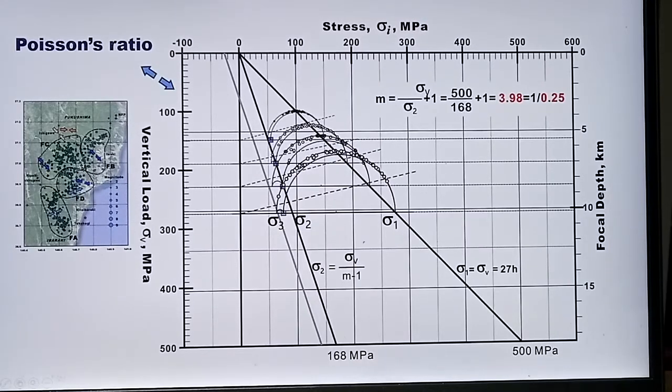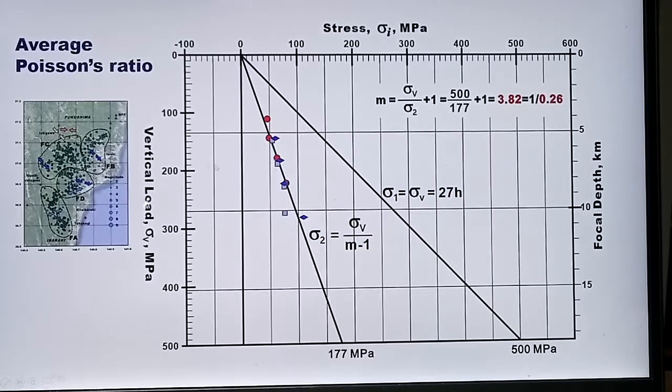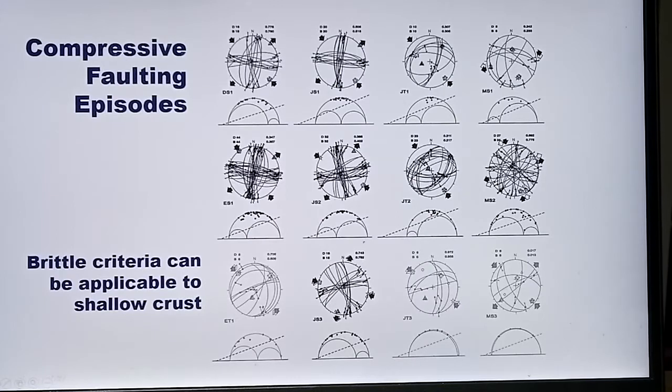D cluster Poisson ratio is 0.225. The average Poisson ratio can be determined as 0.2726.